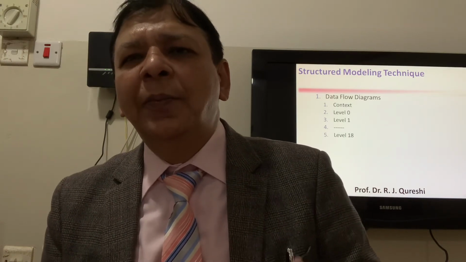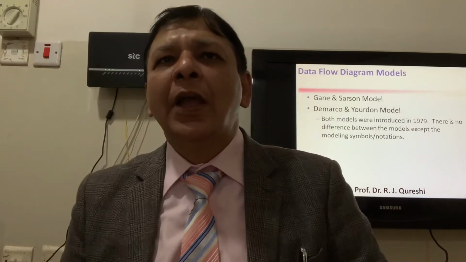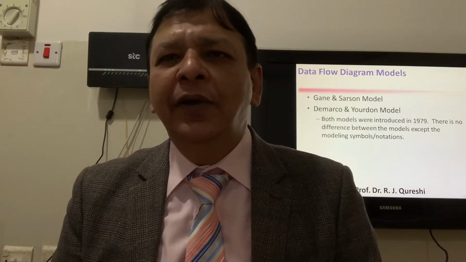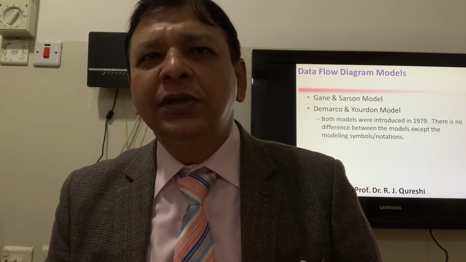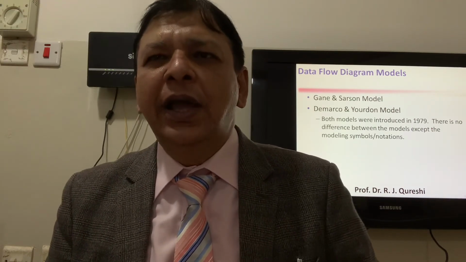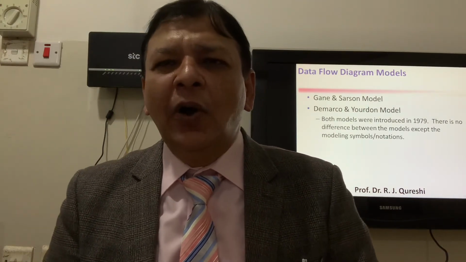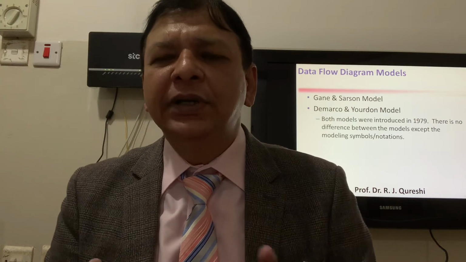So we can go up to 18 levels in the data flow diagram. In the data flow diagram, we have 2 models: the Sasson model and the Jordan model. Both models were introduced in 1979, and only the symbols are different. The objective, purpose and function are the same.